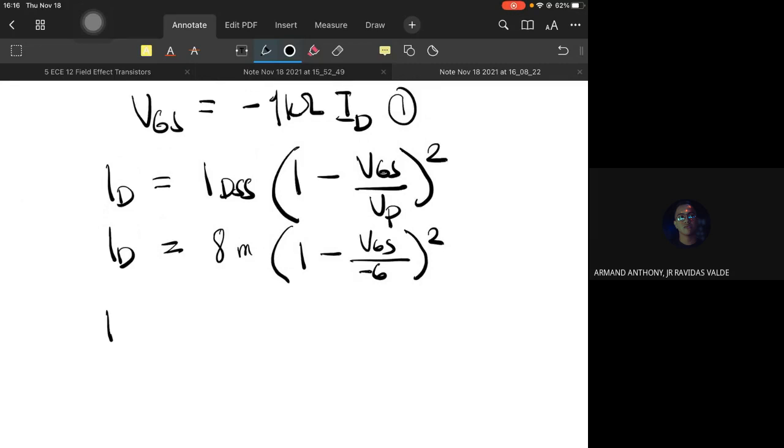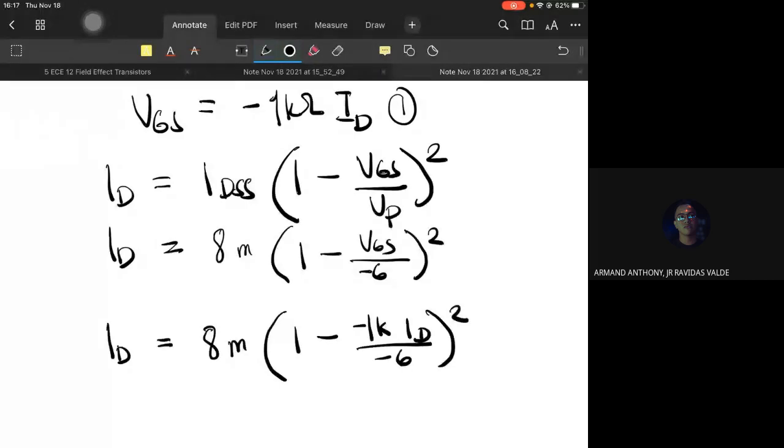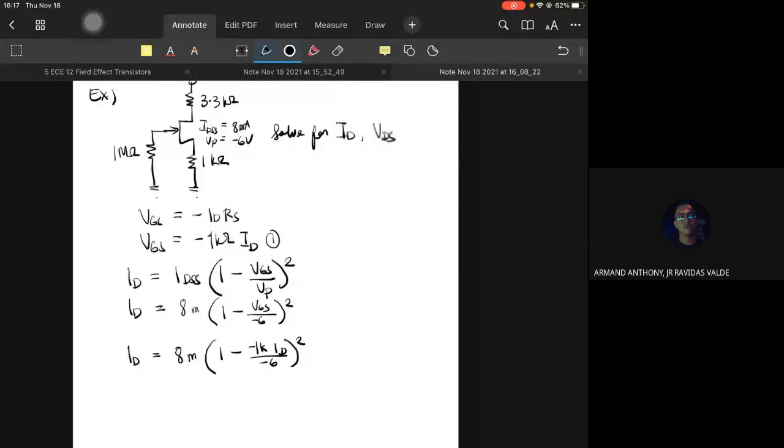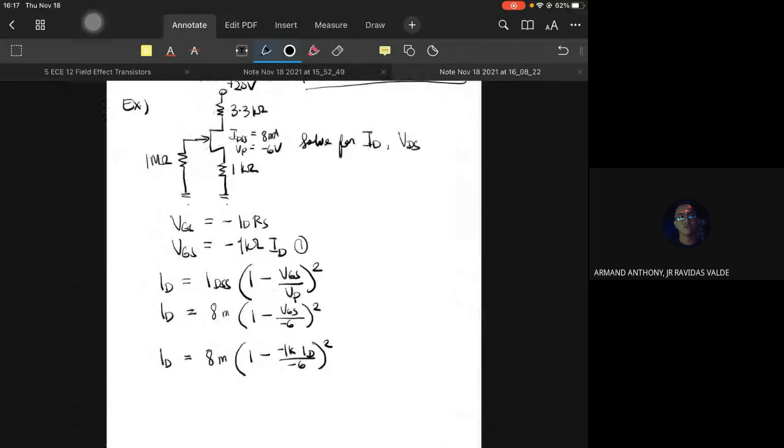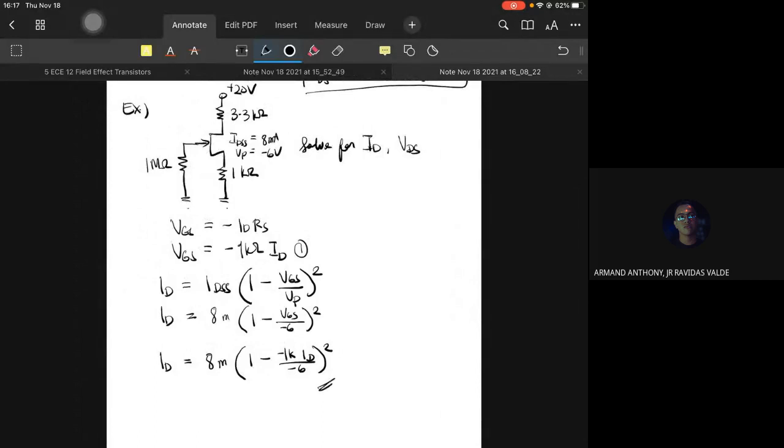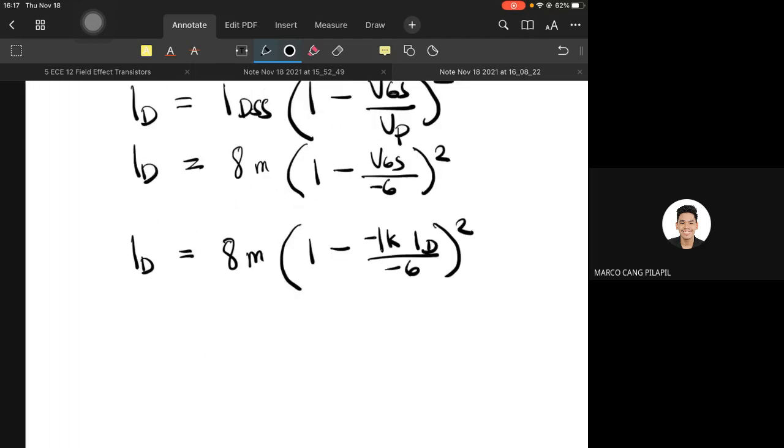So this becomes ID is equal to 8 milli times 1 minus negative 1k times ID over negative 6 squared. Before I proceed, any questions on the equations I obtained? Nothing here yet. Maybe you have questions. Okay, sir. Alright, so, what now?